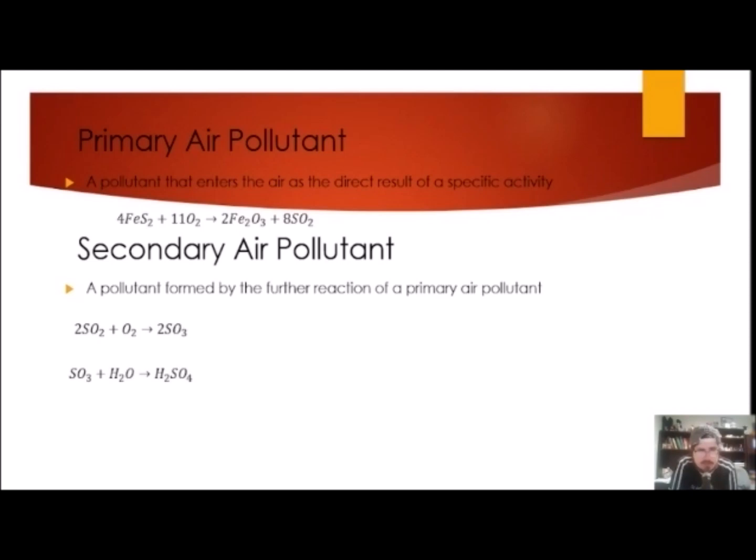Sulfur trioxide and sulfuric acid are examples of secondary air pollutants. They are pollutants formed by further reactions of the primary air pollutant. So it's a secondary effect you didn't really predict. When we talk about these, we can lump them all together as sulfur oxides, or SOx for simplicity. So SO with X, we don't know how many oxygens.